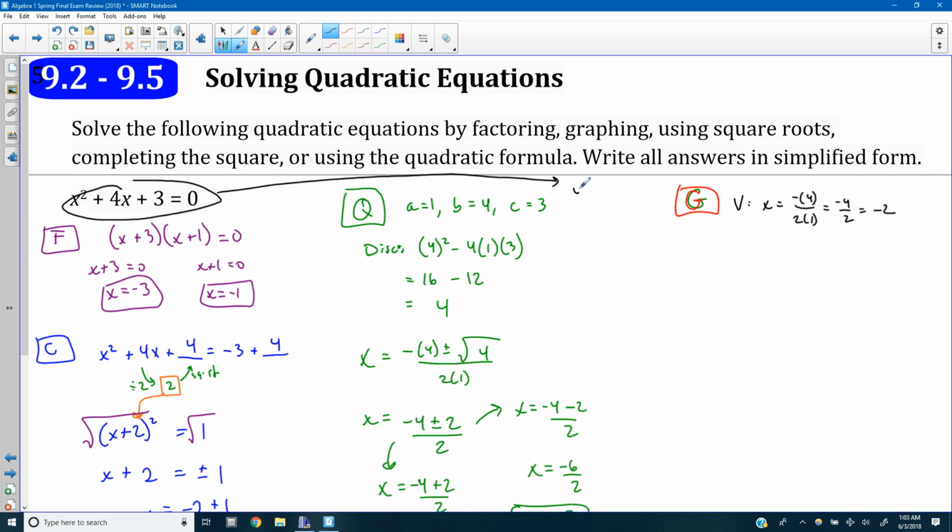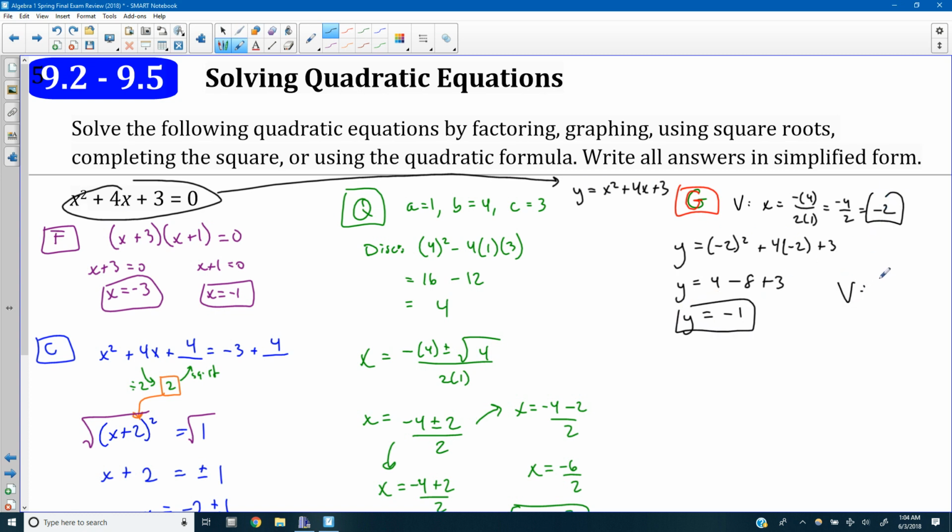If we graph this and we find out what the values of x are when y equals 0 at the x-intercepts, then we'll get the solutions. So I'm going to do y equals negative 2 squared plus 4 times negative 2 plus 3. And that's going to be 4 minus 8 plus 3, which is negative 4 plus 3, which is negative 1. So your x value is negative 2, your y value is negative 1 of your vertex.